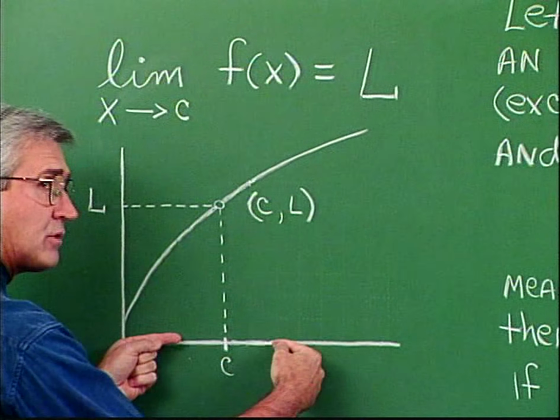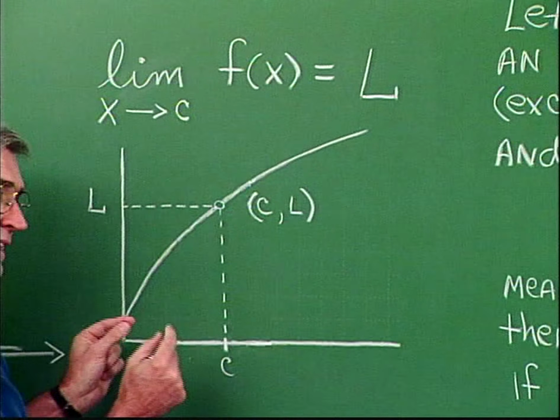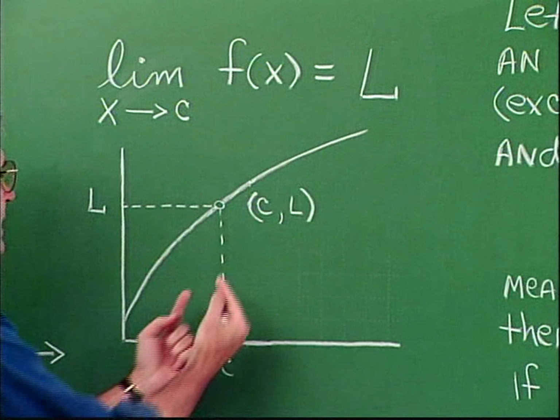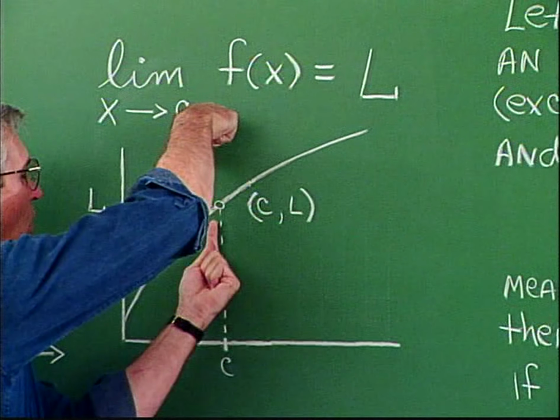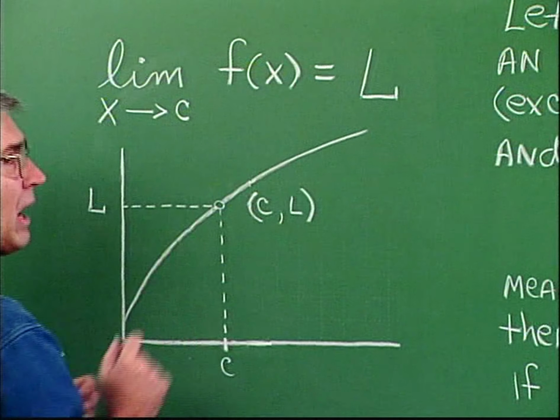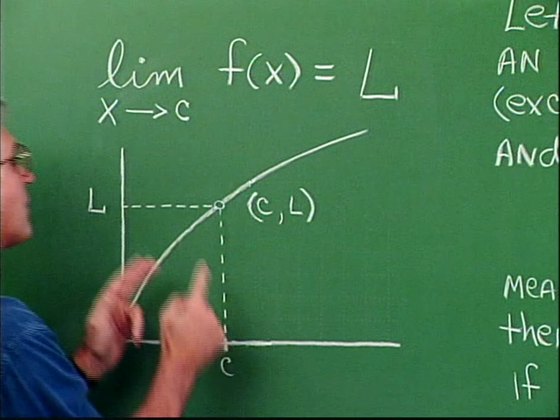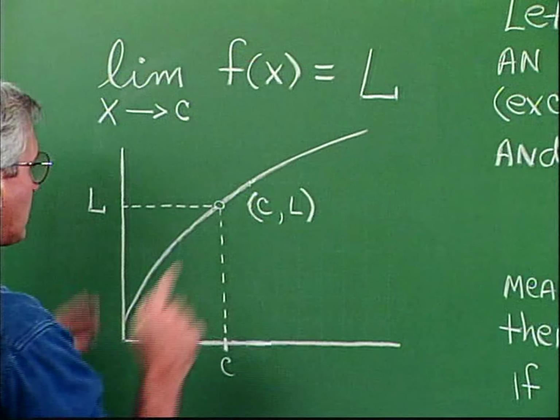Our x values are approaching c from both sides, and the f of x values are approaching that limit, often from top and bottom, as we'll see here. So as x approaches c, f of x approaches L, and that's what it's all about.